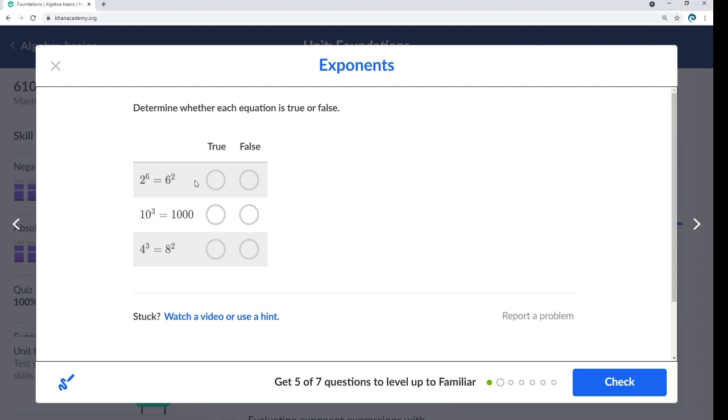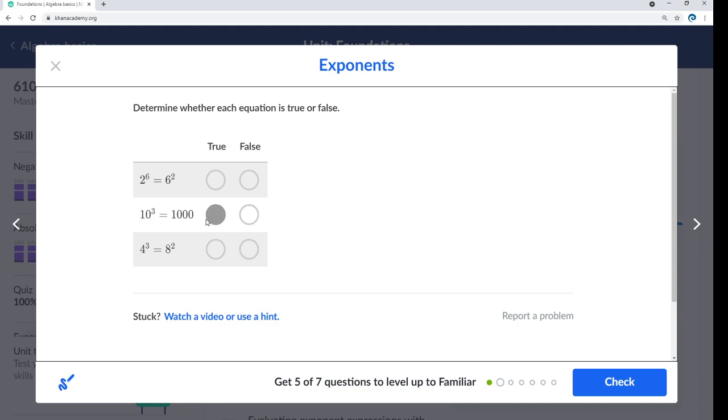Determine whether the equation is true or false. 2 to the 6th is equal to 6 to the second power. So 2 times 2 is 4. This is the same. No, they're not. Wait, are they?